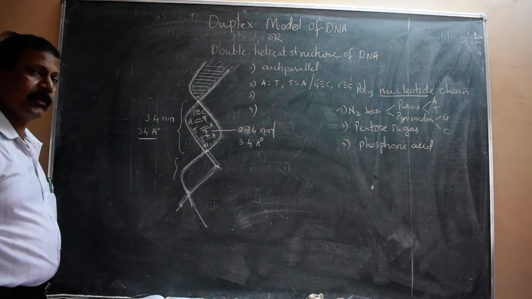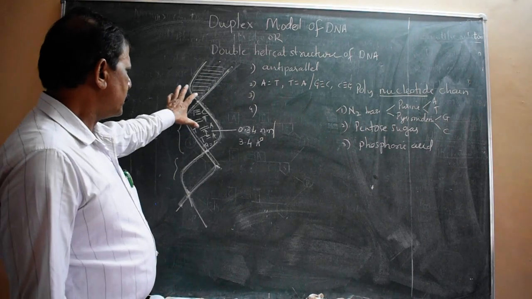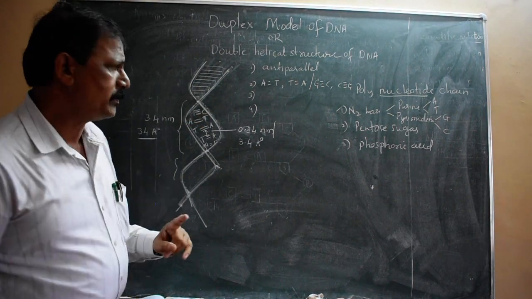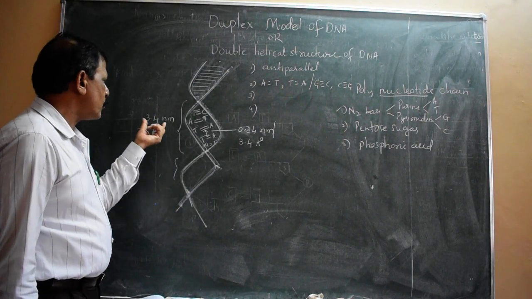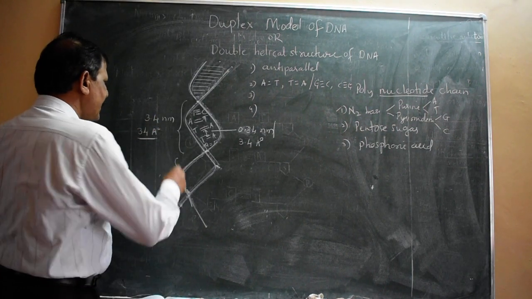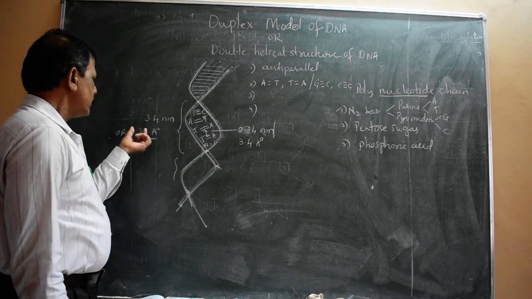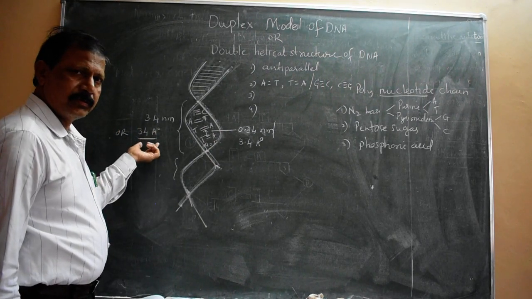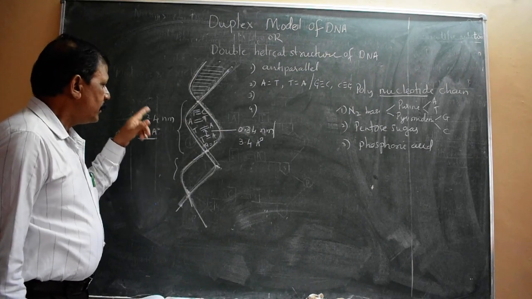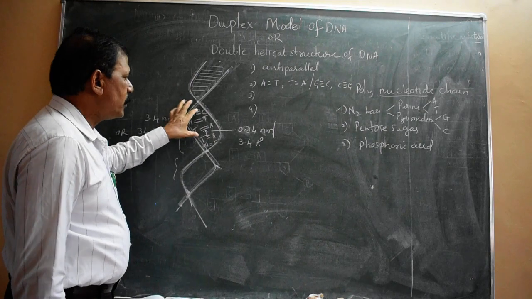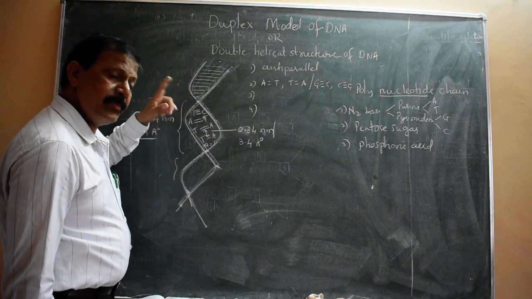Remember this. You may be asked one more question also: the distance between each helical coil. The distance between each helical coil is about 3.4 nm, or 34 angstrom. In every 3.4 nm, a total of 10 bases are present.